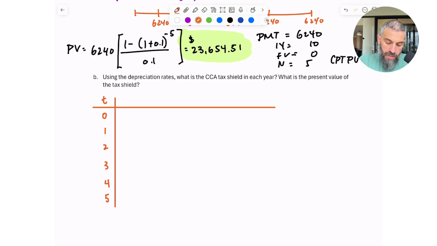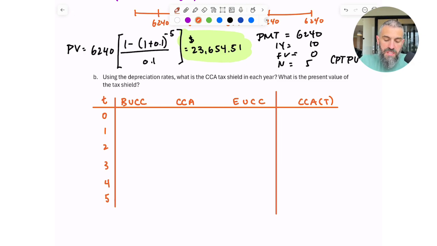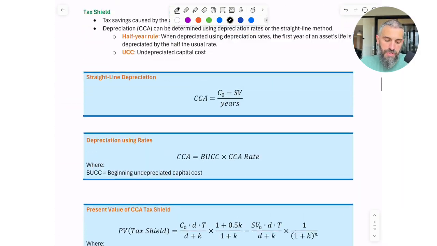And I want BUCC, CCA, EUCC, and then here we'll put CCA multiplied by T. Okay. UCC, when you see here BUCC and EUCC, it stands for undepreciated capital costs.